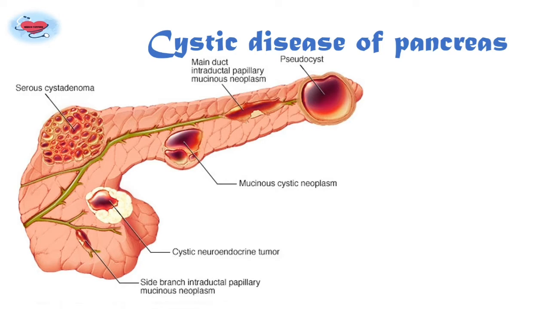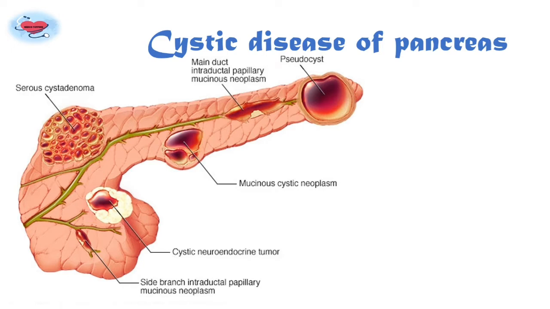Here the cyst can be associated with cystic diseases of liver, kidney and so on. Why is this called a true cyst? Because it is lined with cuboidal epithelium, and it is usually associated with von Hippel-Lindau disease. Nearly 50% of patients also present with cystic diseases of pancreas.